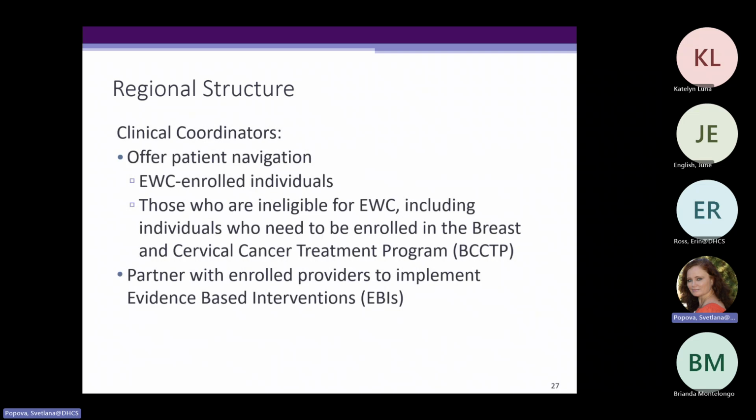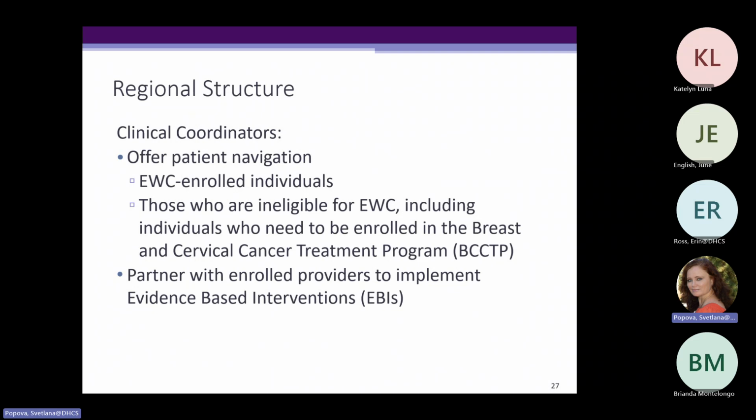So regional structure, again, clinical coordinators offer patient navigation, and they offer it to EWC enrolled individuals. For those who are not eligible for EWC, they may also come to our program, and we need to make sure that all people who come to our program, we send them to the appropriate resources.